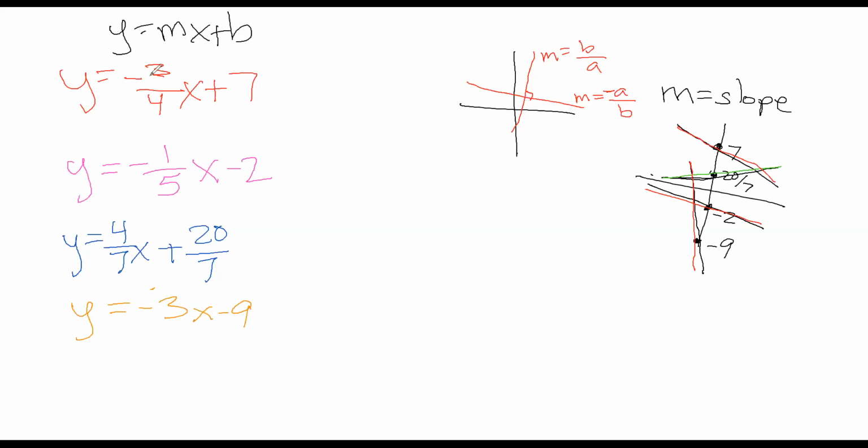And you can see in this example right here, if I wanted to write a perpendicular equation, I would change the slope to the opposite reciprocal, the negative reciprocal. So instead of negative, it will be positive. And instead of 3/4, it will be 4/3.